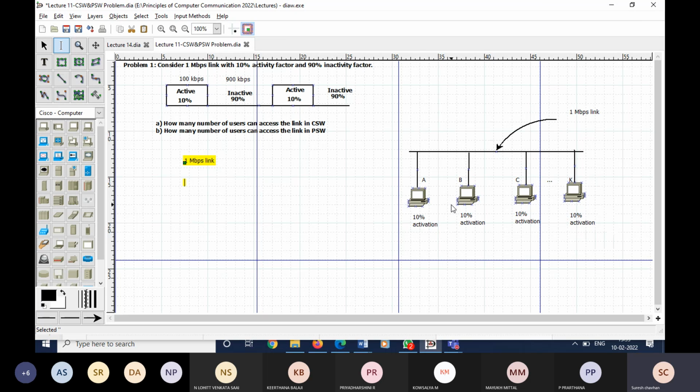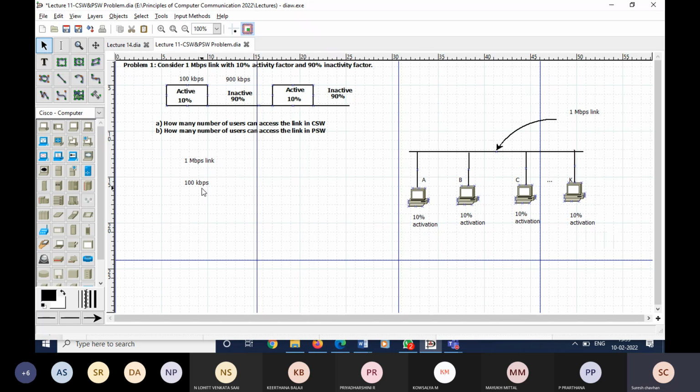As I'm saying, it is a circuit switch network. If you give the same to all the devices, for example 100 kbps to this one, 100 kbps to this one, and so on, how many users can get 100 kbps?